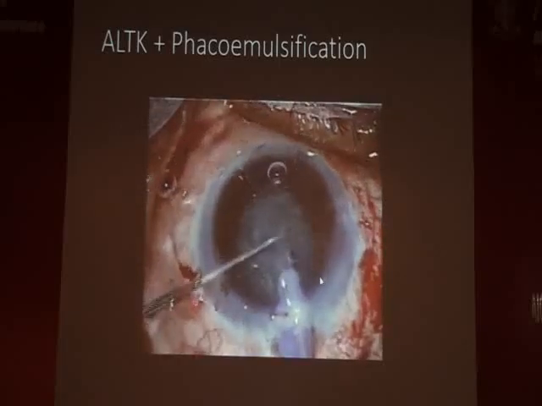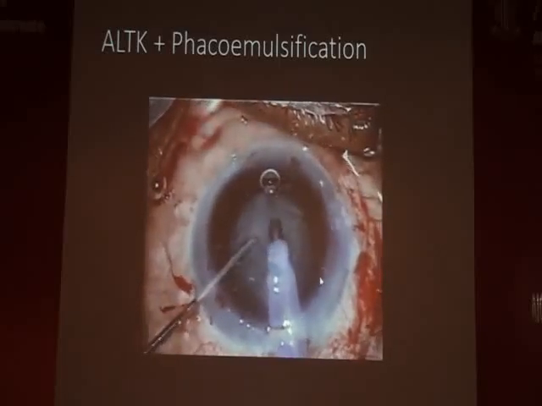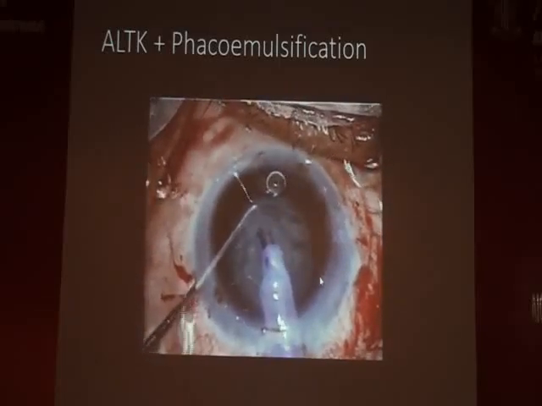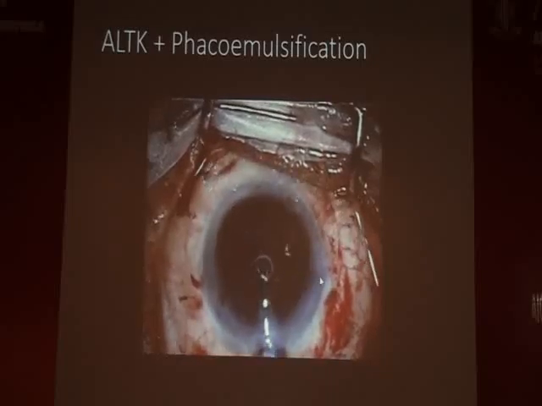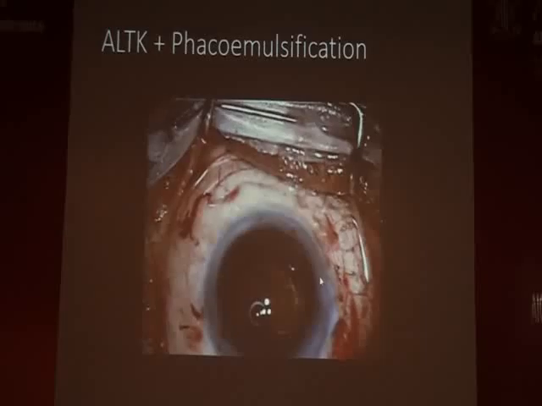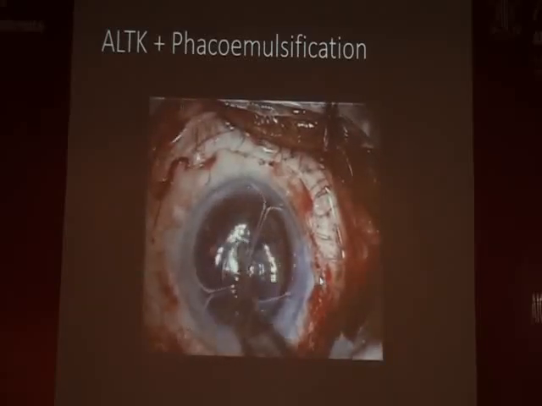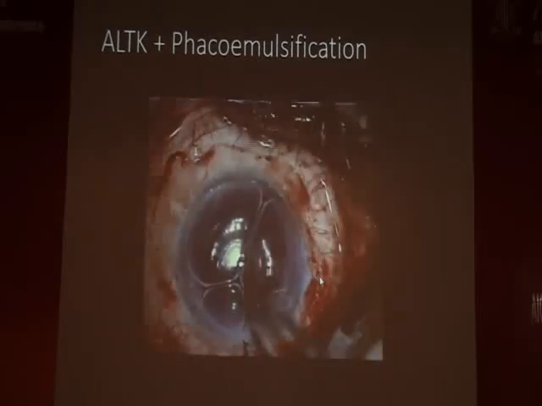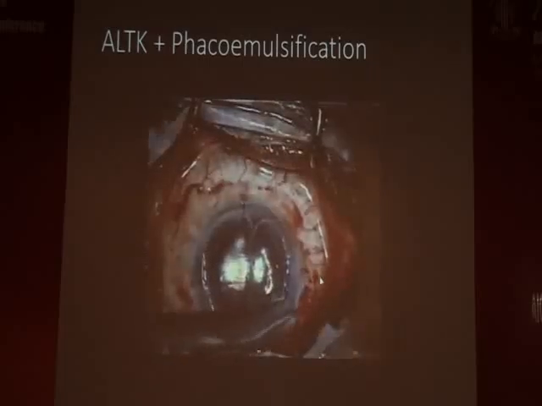Phacoemulsification is then done, followed by irrigation aspiration and foldable intraocular lens implantation. And when you do these steps, always place some viscoelastic agent on the bed so that the cornea appears smooth.